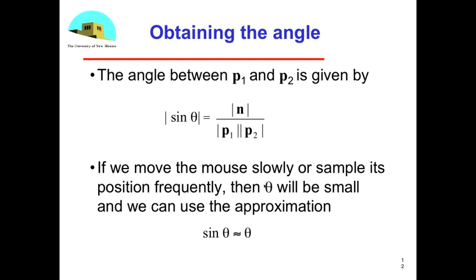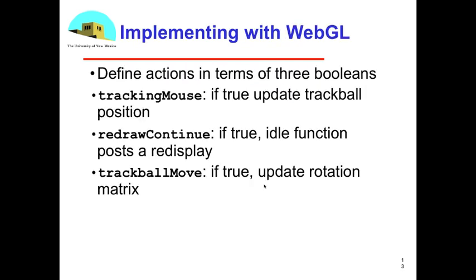The kind of listeners that you need to look at, because you have these two things going on: if you're not moving the mouse, you may want to continue the rotation and have the thing continue to spin as if the device were frictionless.